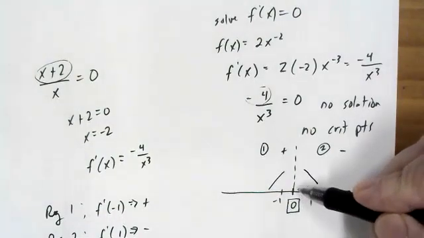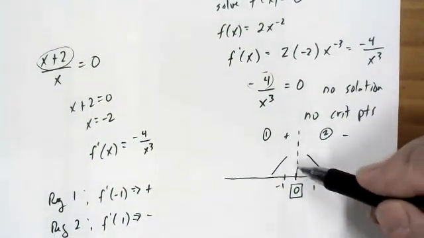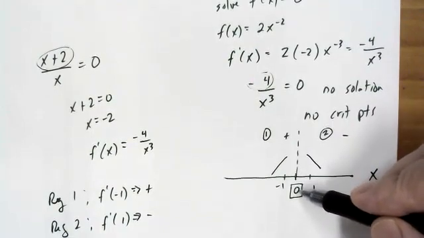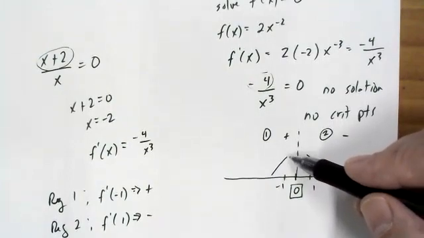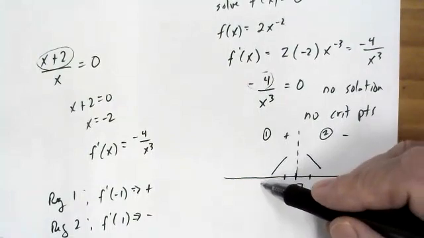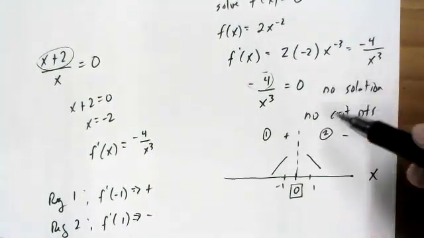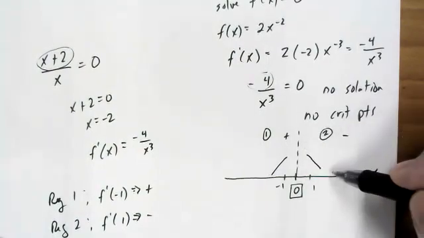Now, if this was a critical point, you might think, oh, this is going to be a maximum. But this is not a critical point. This is a vertical asymptote. So what this says is, on the left-hand side of this asymptote, the function is going to be increasing, but on the right-hand side, it's decreasing.